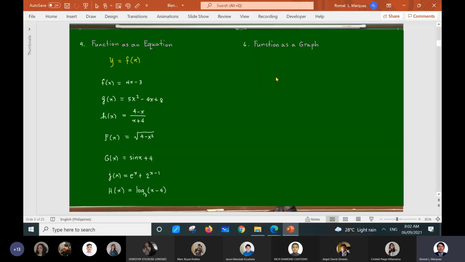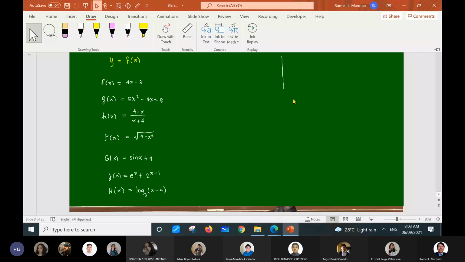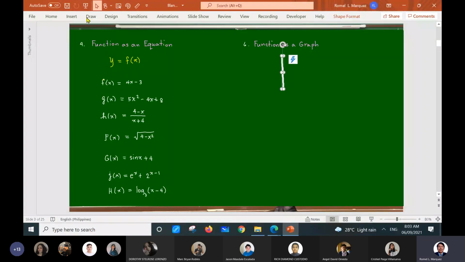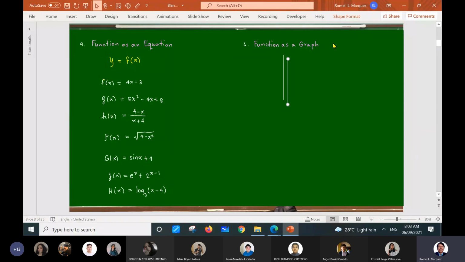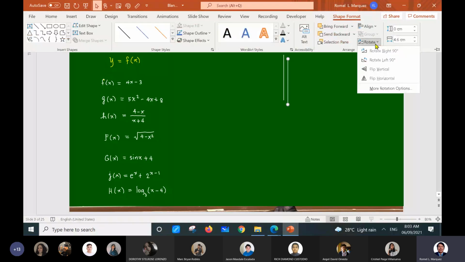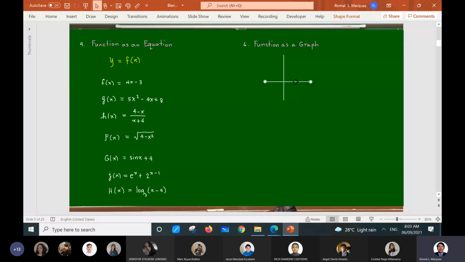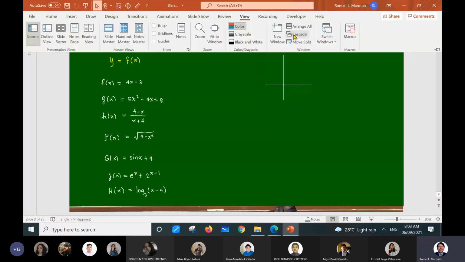So for instance, let's say this is my y-axis, and then let me have my x-axis. Let's call that the x-axis.